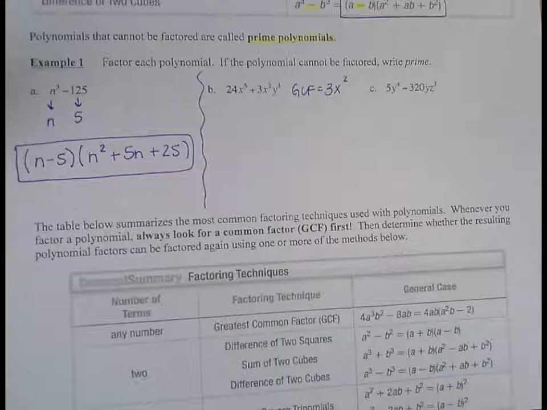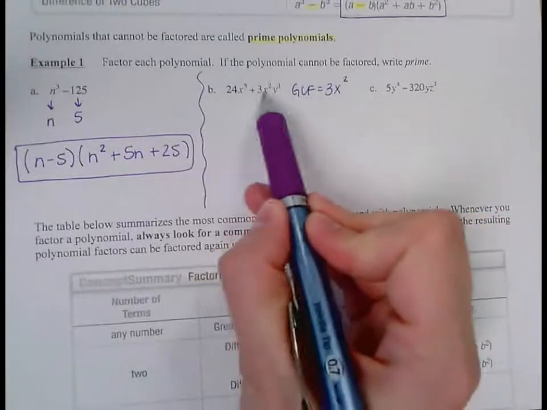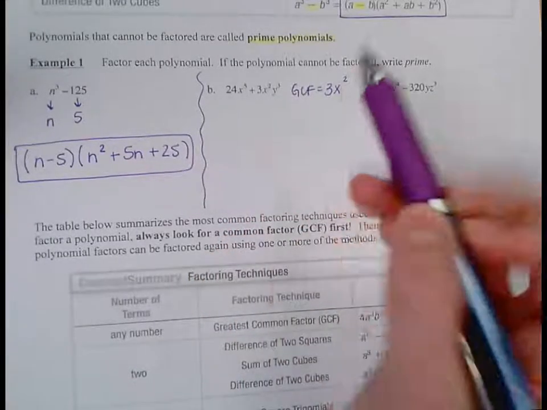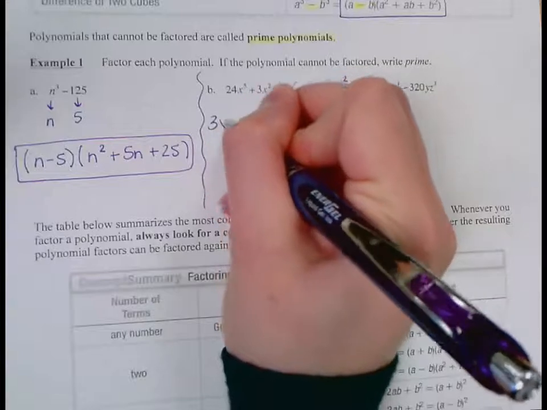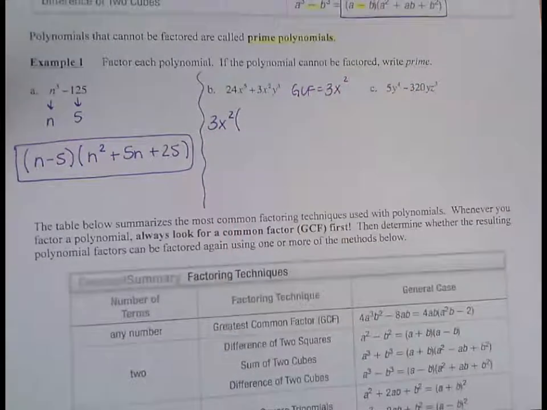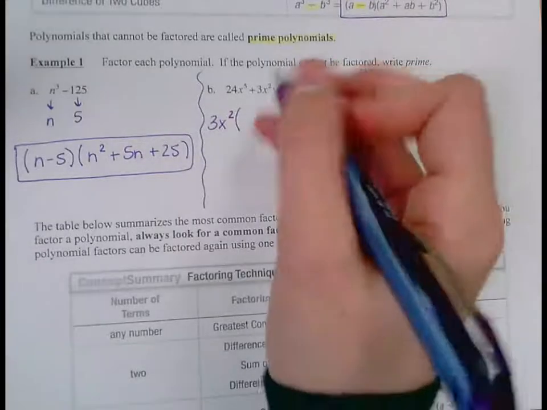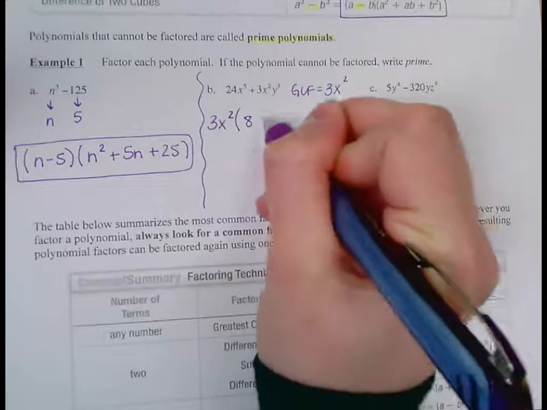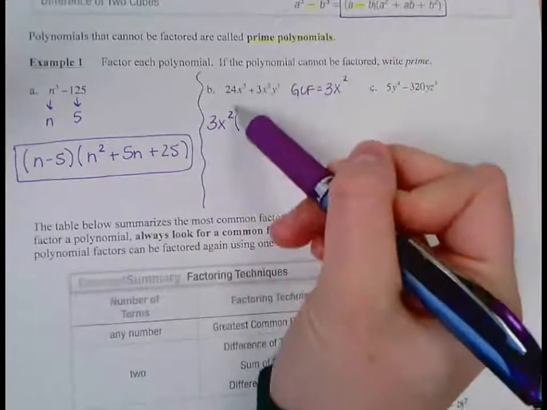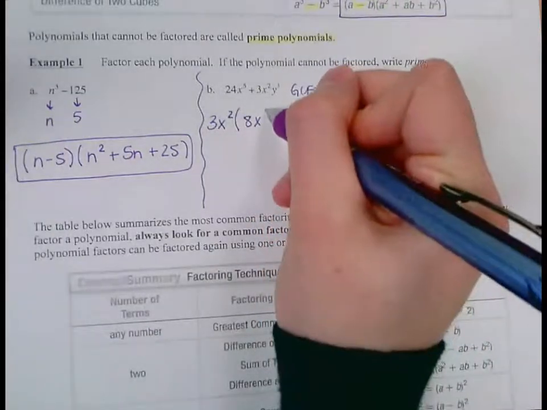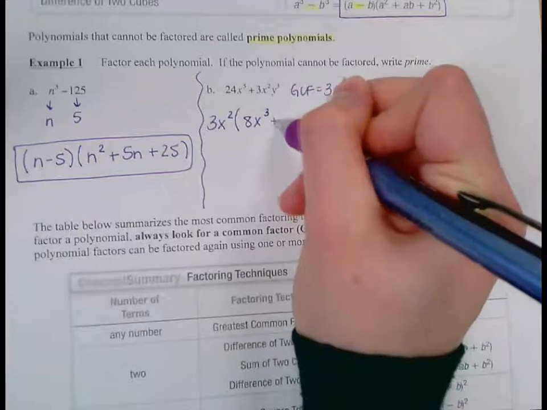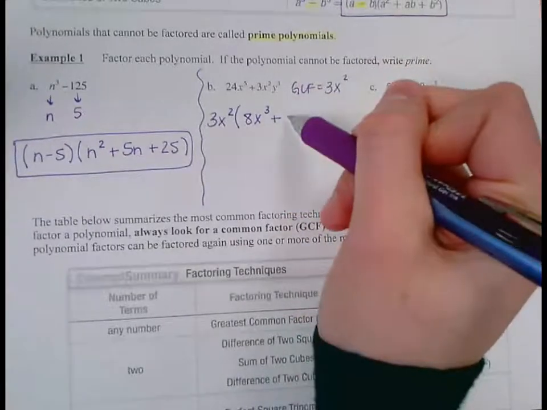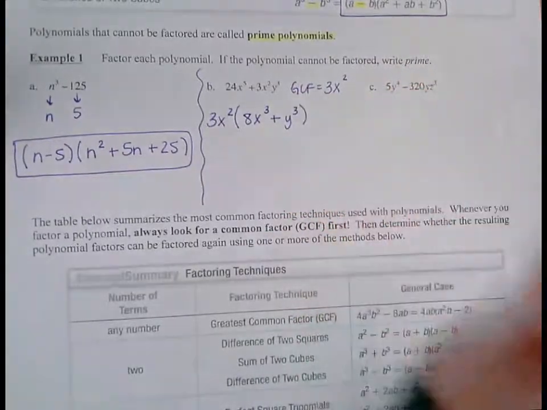So remember, when you factor out a GCF, you're dividing both terms by 3x squared in this case. The GCF gets written in front of parentheses. What's left goes inside. So when I divide them both by 3x squared, I will get 8x, and then I subtract these exponents, so 8x cubed plus, and then I would just be left with y cubed for the second term.